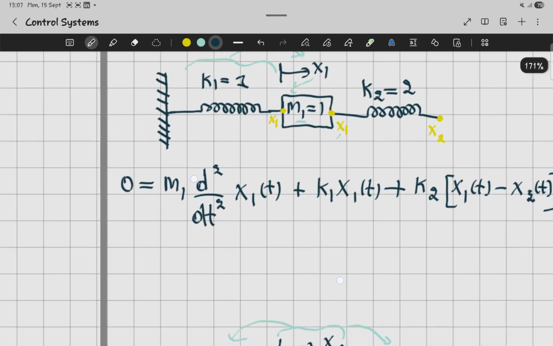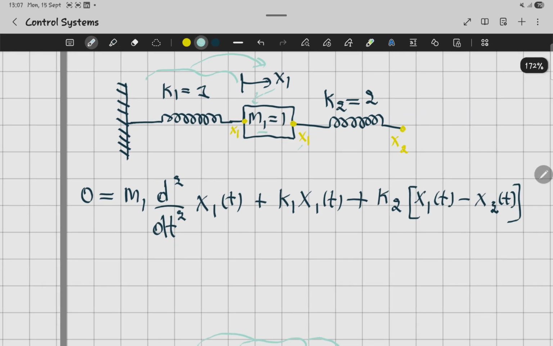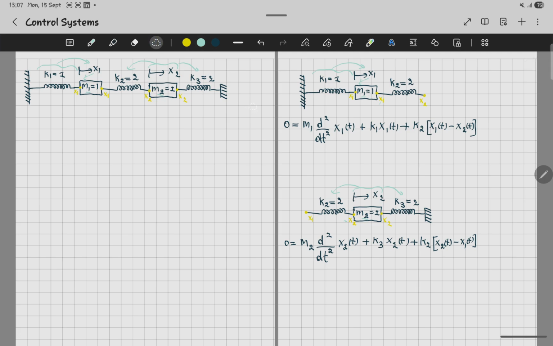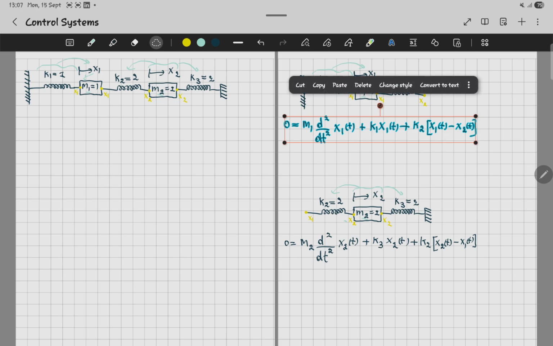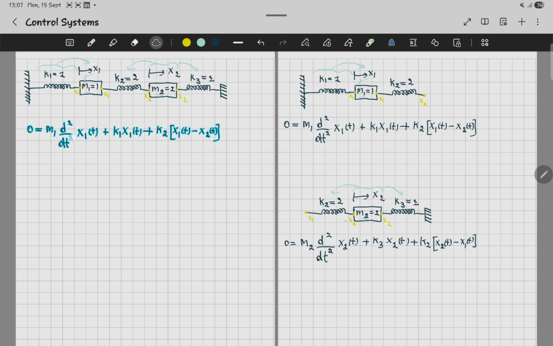Since the value of m is given, I can even just move them to their side, so then we should be able to plug the values in. So this is what we got here.